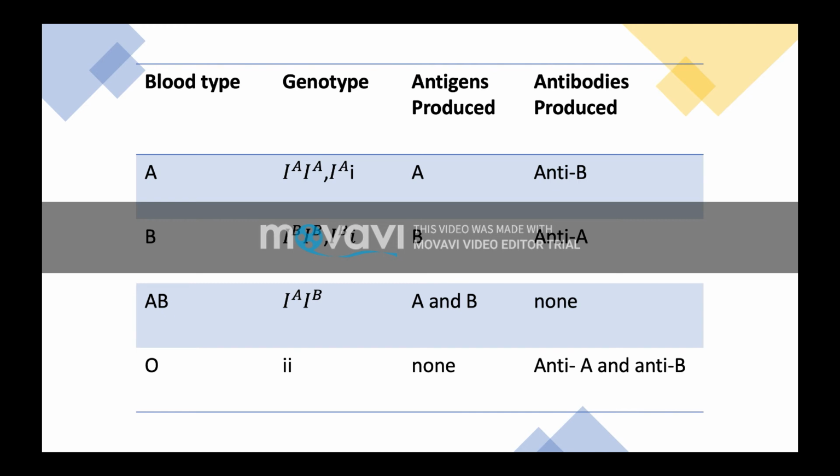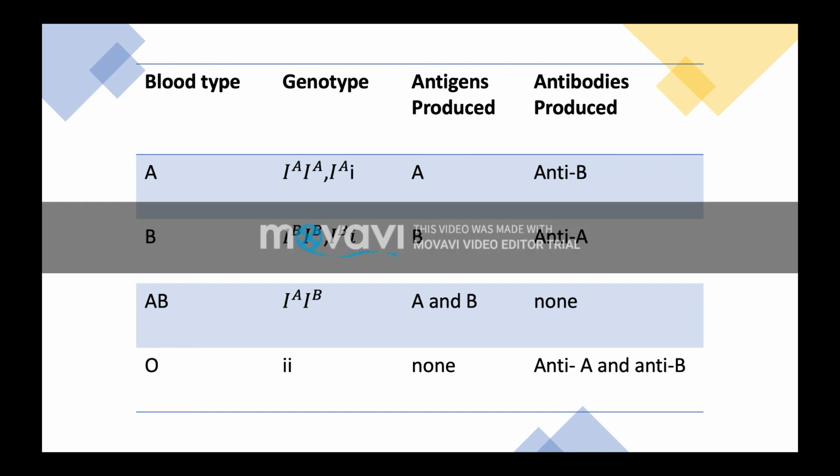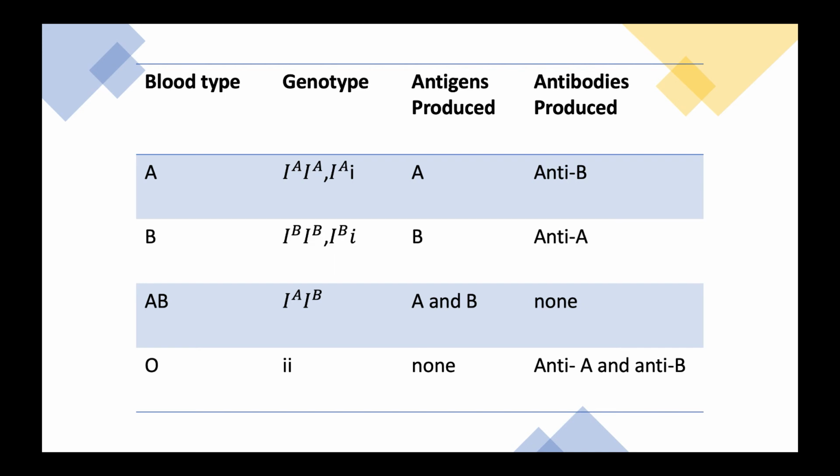Blood type B has B antigens and produces A antibodies. Blood type AB has both alleles and has A and B antigens and produces none of the antibodies. Type O has no antigens and produces A and B antibodies.